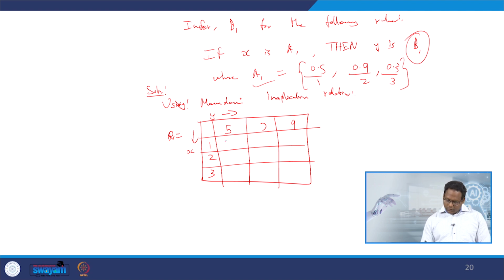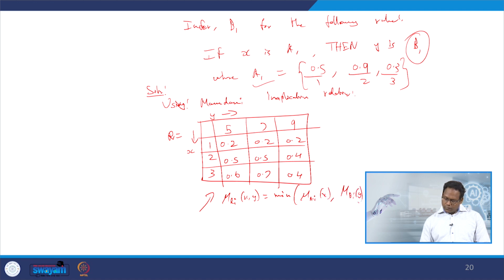We take the minimum of the elements corresponding to these two fuzzy sets: 0.2, 0.2, 0.2, then 0.5, 0.5, 0.4, and 0.6, 0.7, 0.4. The element mu Ri of x comma y is obtained by the minimum of mu Ai of x comma mu Bi of y. That is how we get these nine elements.